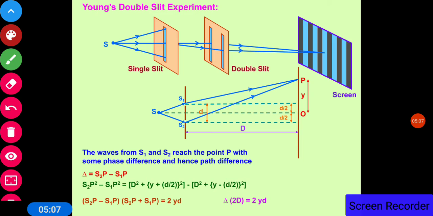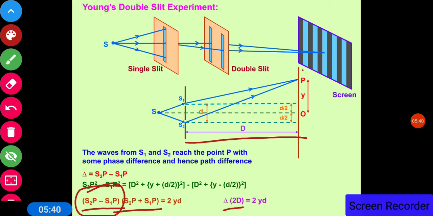Now from here we can say that S2P plus S1P is equal to 2D. How? Since S2P and S1P are very close to each other, the difference S2P minus S1P is a very small value and we can neglect it. S2P can be taken equal to capital D, so S2P plus S1P can be written as 2D.